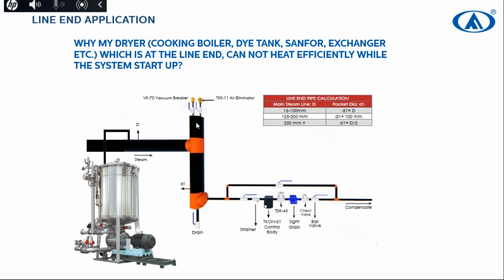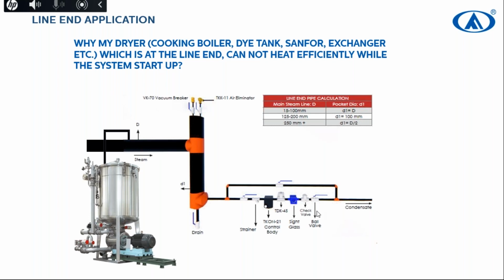And the second part of this problem: when you fill all this air into your system with the help of the vacuum breaker to prevent the vacuum, after the holiday you come to your factory and open the steam, this steam will face air right here, because all condensate will discharge from the steam trap and all air will lock here.